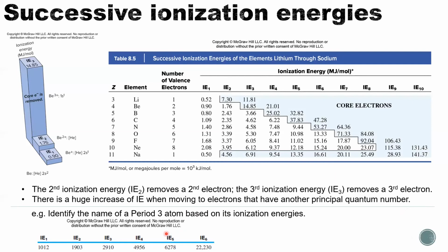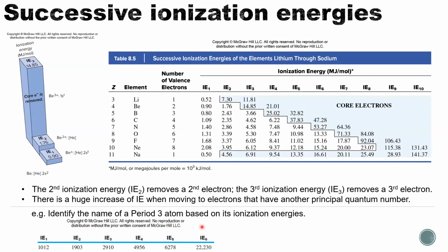If you see the sequence of ionization energy, the first ionization energy to the fifth ionization energy, they are all in the same order of magnitude, a few thousand. However, the huge jump comes from 5 to 6. When we move to 6, it's not a few thousand, it's 22,000, right? So here's where the huge jump is.